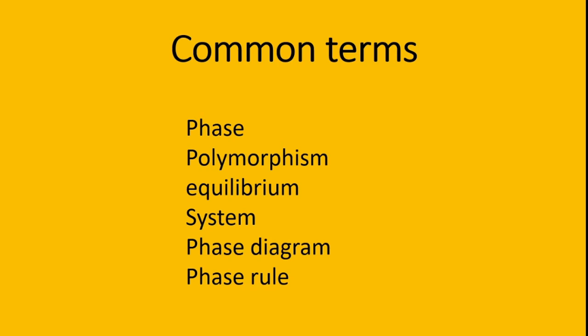And then the third one is equilibrium. What is equilibrium? The stable position, metastable position or unstable position all come under equilibrium. Here, what is stable? When an object is in its lowest energy state, that is known as a stable condition. The materials are in stable condition.